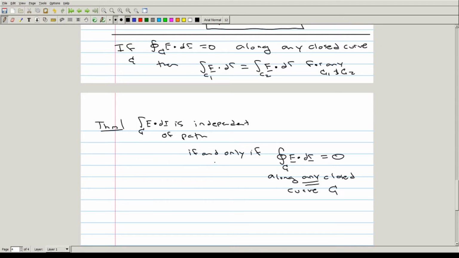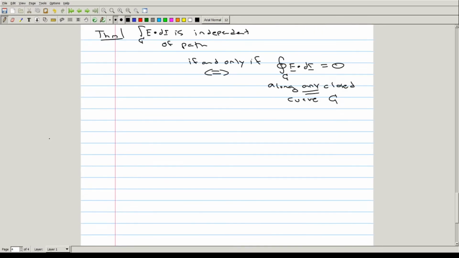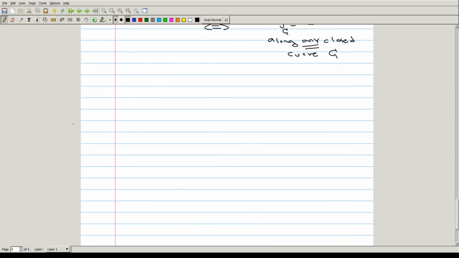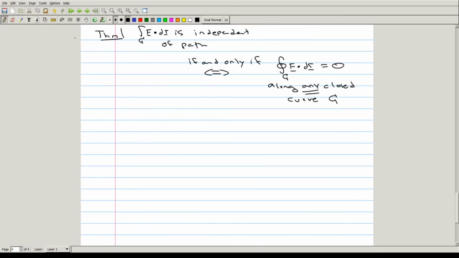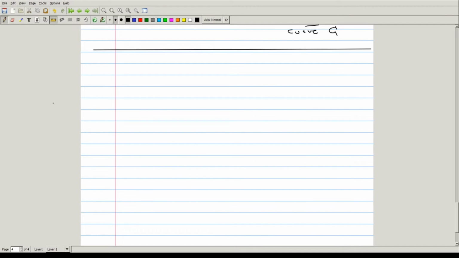Remember, if and only if is a bi-implication. It means we can go back and forth between either of these two statements. So the idea here is that with this theorem, we have everything that we need to show something really nice about what a conservative vector field must obey.